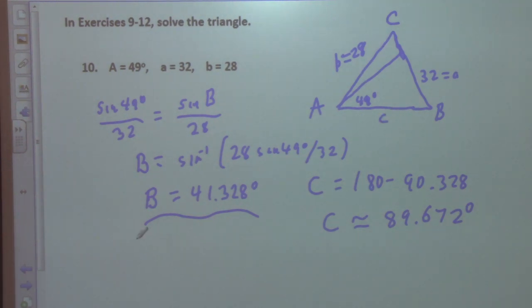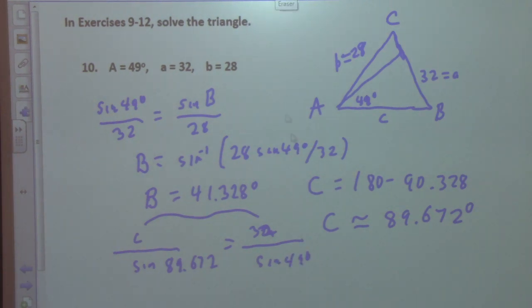So I'm going to use a over sine A equals 32 over sine 49 degrees.